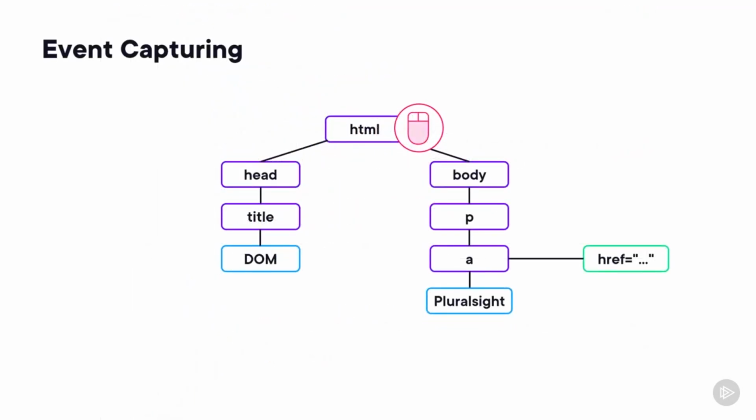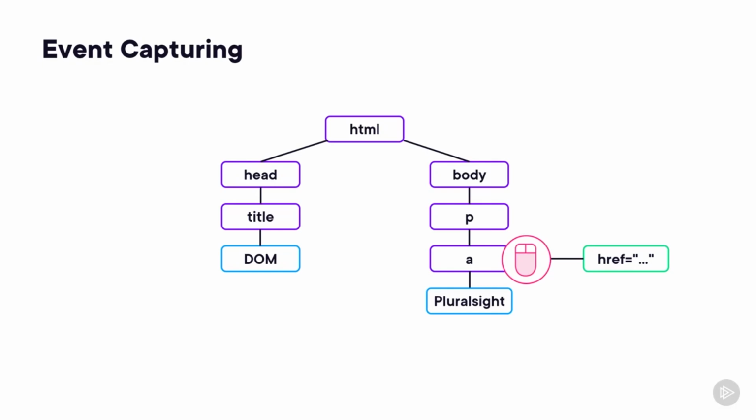For the sake of completeness, I want to mention that there is also an event, let's say, hierarchical movement mechanism that goes into the opposite direction when compared to event bubbling. It's called event capturing. So once again, we click on the link, but the event needs to find its way through the structure. So it starts at the top and goes to the body element, down to the paragraph, and finally down to the A element where the user was clicking.